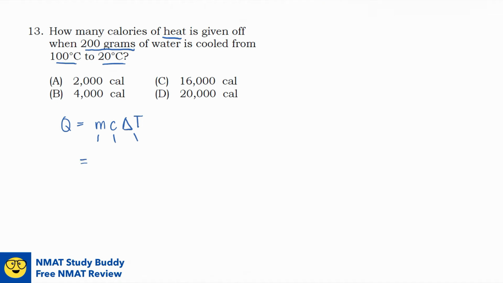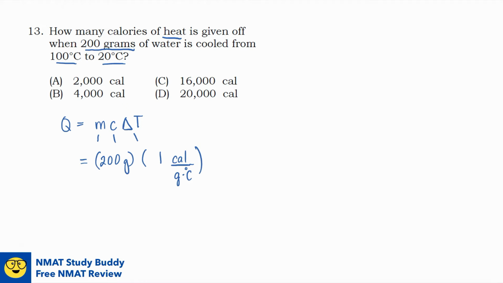So, given na tayo ng mass, which is 200 grams, and then yung specific heat ng water, kahit wala siya sa given, dapat alam natin na yung specific heat is 1 calorie per gram times degree Celsius. Dapat i-memorize nyo to.